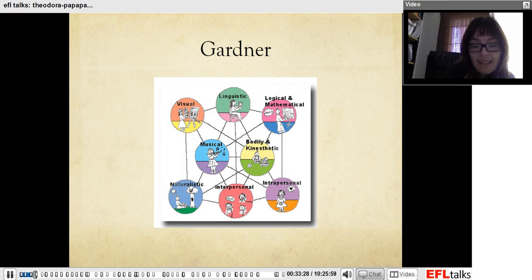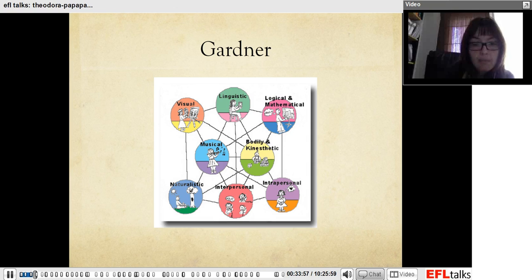According to Gardner, there are also linguistic types, and they are better at language. And also the people who are better at maths, and they learn better with mathematics. So if your students have more of a logical mathematical intelligence, you can give them lists to make, for example, or ask them to give the correct order of the rules.